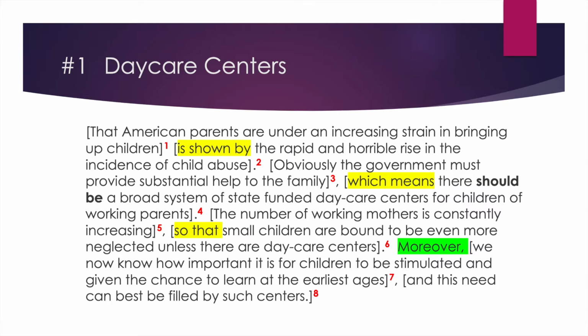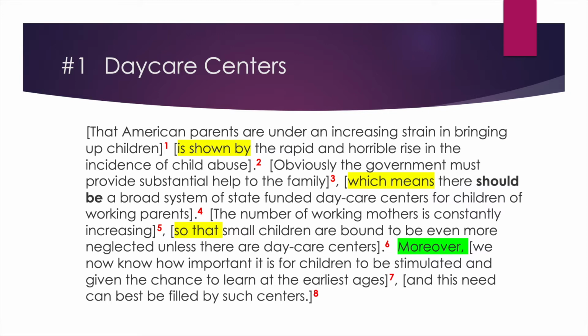"That American parents are under increasing strain in bringing up children is shown by the rapid and horrible rise in the incidence of child abuse." That first sentence I've divided into 2 separate assertions, you see with the brackets and the superscripted numbers. I've made them 2 assertions because in the middle there, highlighted in yellow, the argument indicator is "shown by," which would be from the because group, and which tells us that the second assertion is evidence in support of the first assertion.